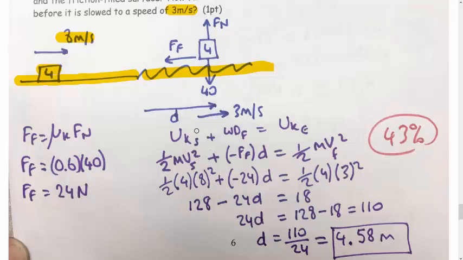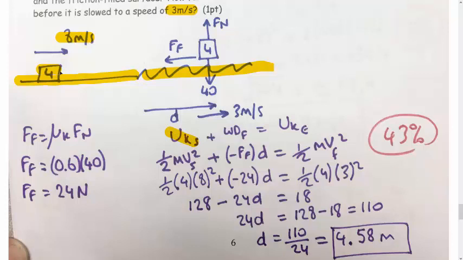Okay, so I know that there's friction involved here. And so my mechanical energy at the beginning plus my work done by friction, which is negative, equals my mechanical energy at the end. And because this is all on a level, my mechanical energy is made up of kinetic energy.